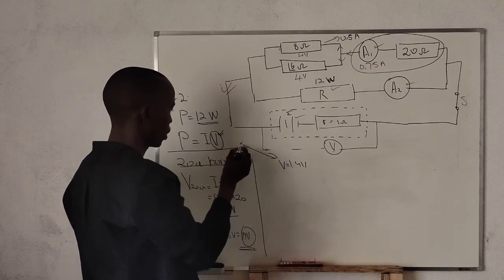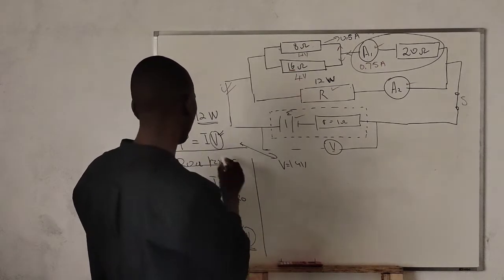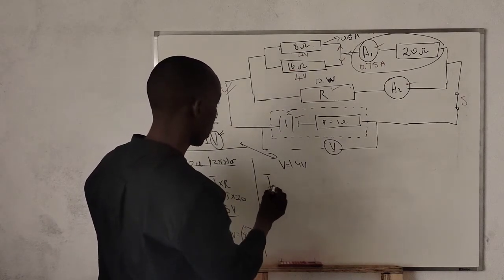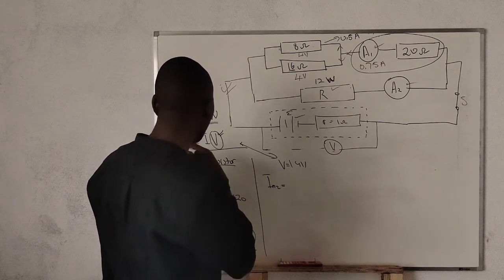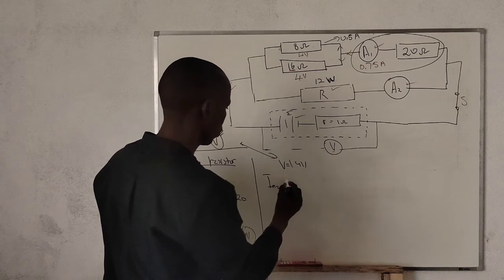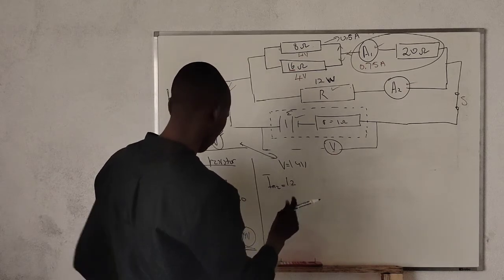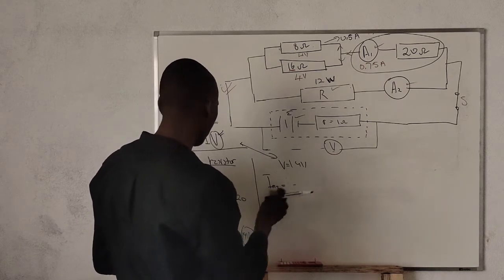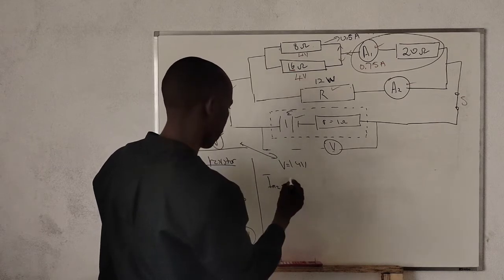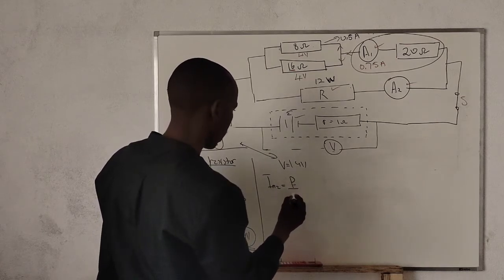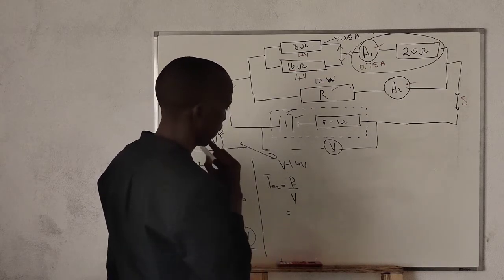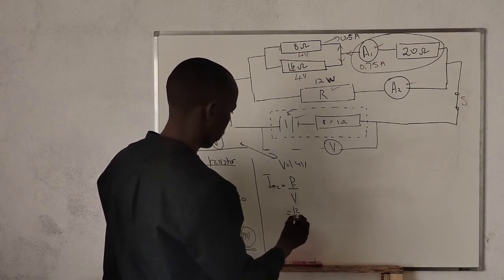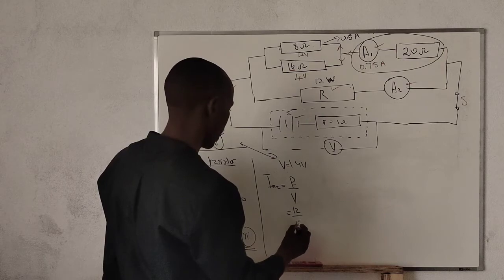Now I want to find the reading on A1. It's going to be from this formula. The current through A2 will be given by power over voltage, I equals P over V. Our power is 12, so we get 12 divided by 19.